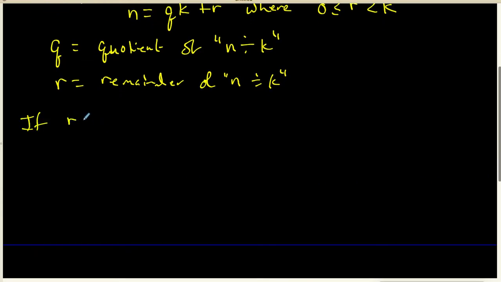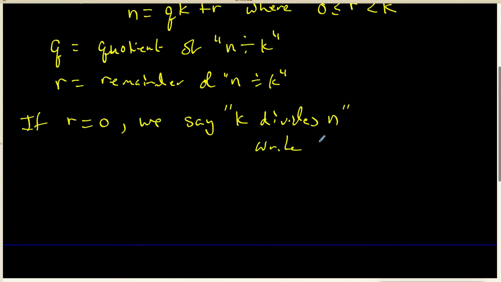If the remainder is actually equal to 0, we say that k divides n, and we write that phrase as k, vertical line, n. That is read "divides."